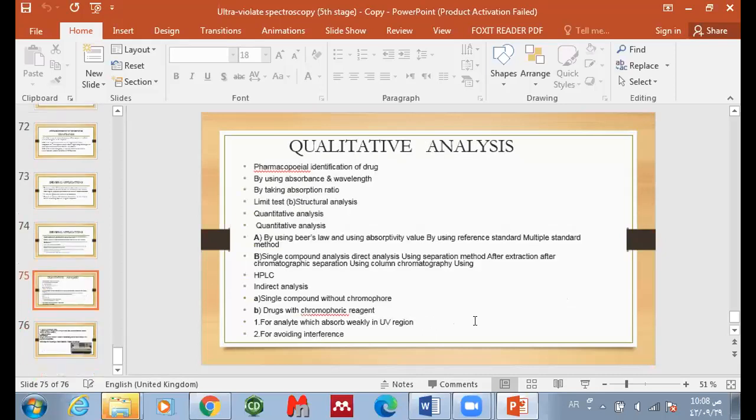A qualitative analysis. So pharmacopoeial identification of a drug also includes using absorbance and wavelength by taking absorption ratio.